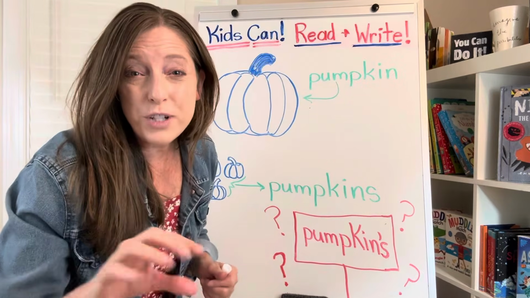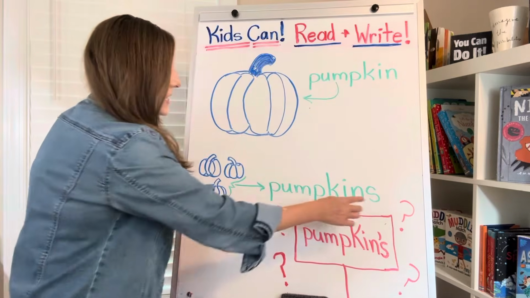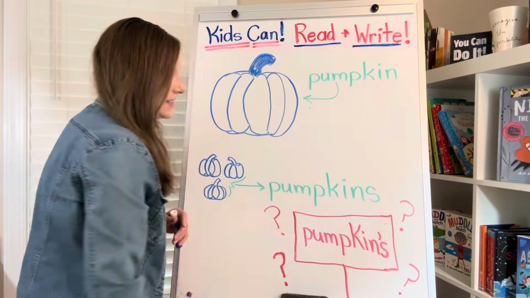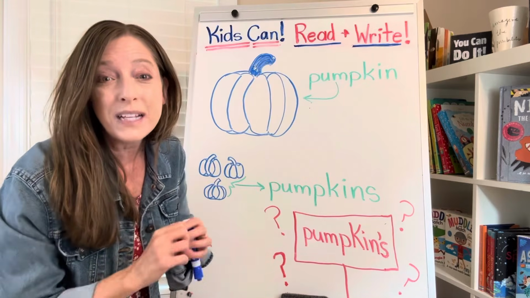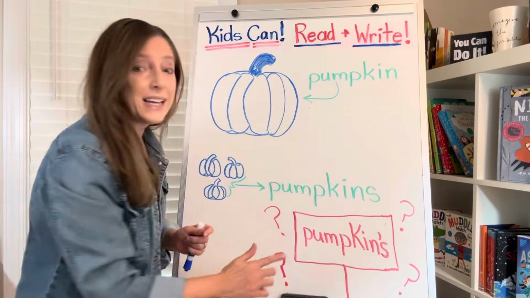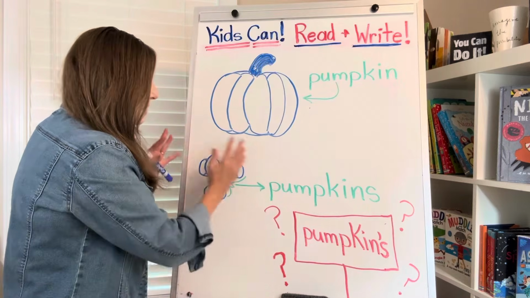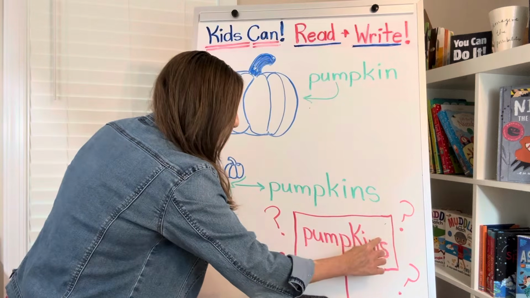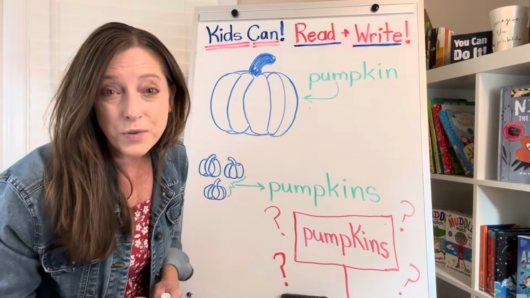But if you just want to say more than one pumpkin, you just add an S, okay? S's make things plural. Plural means you have more than one of something. So if you're making a sign at your business because you are selling a bunch of pumpkins, don't put that apostrophe.